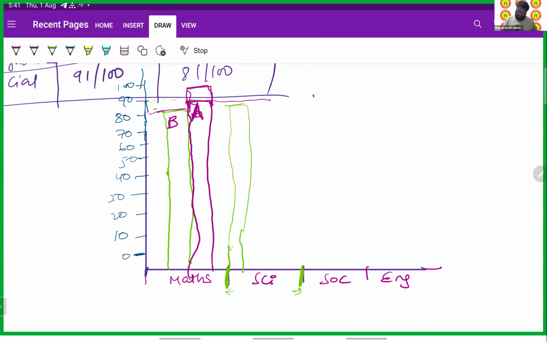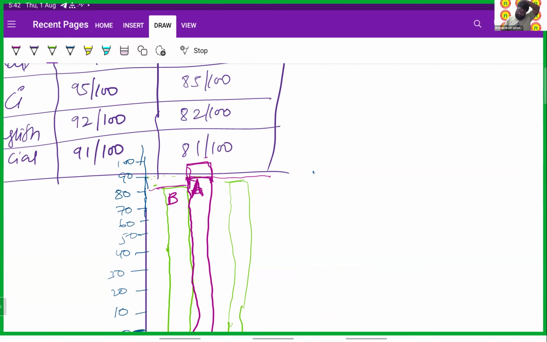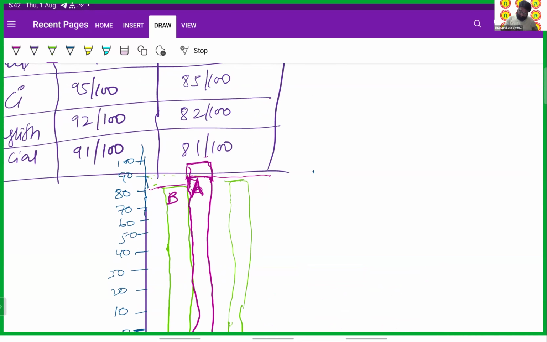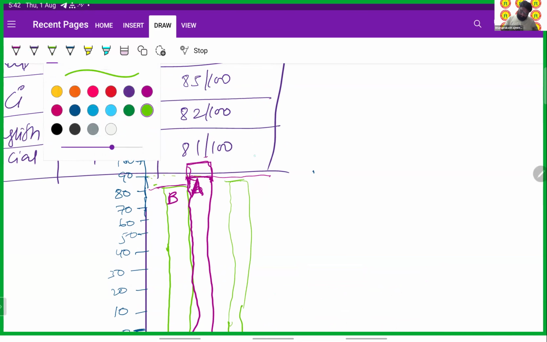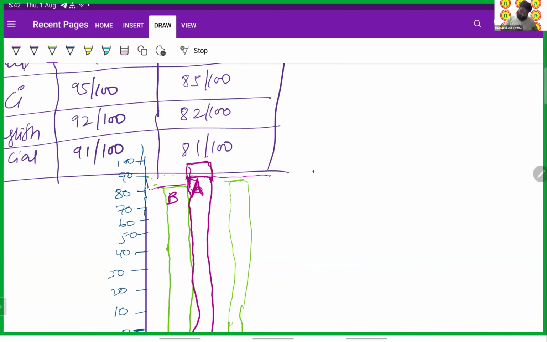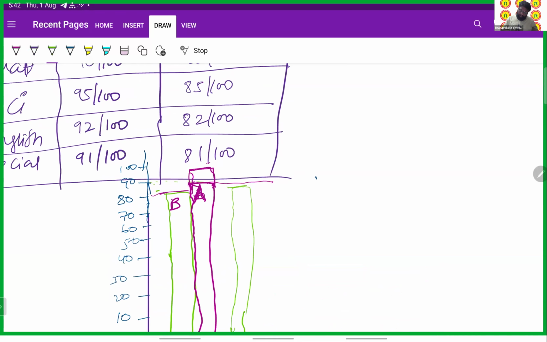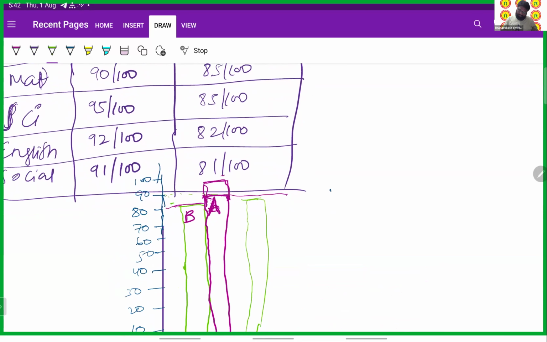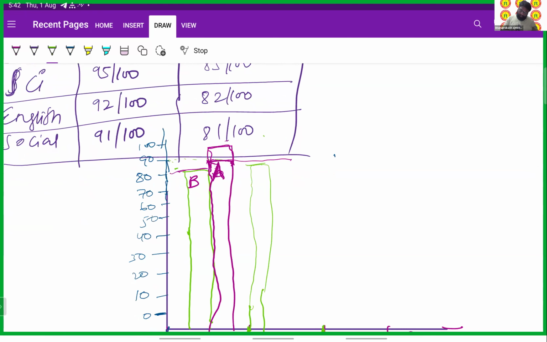Okay, so this is science. This is B's marks of science. And next, if you consider 85. Next I'm drawing A's mark. A's mark is 95. So again, I'm drawing here with this.